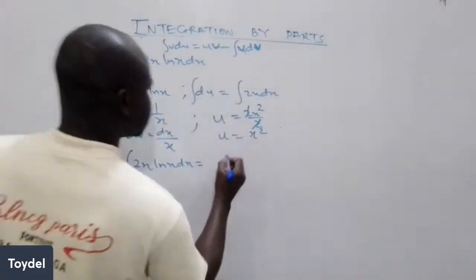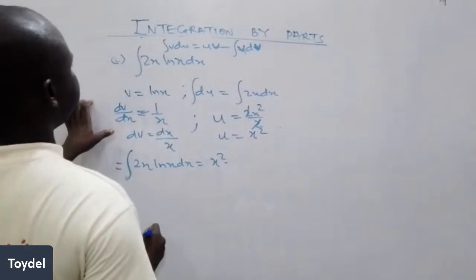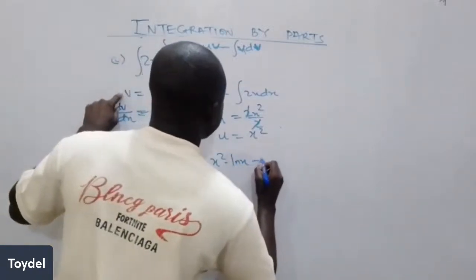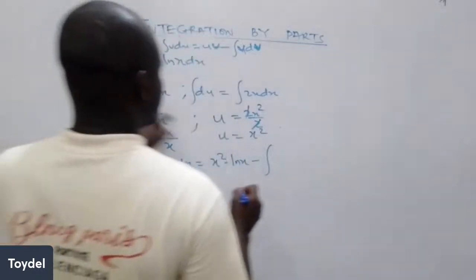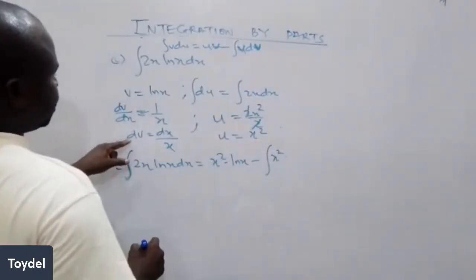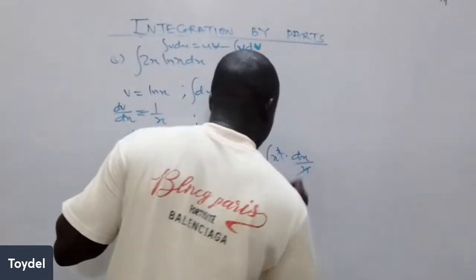What is u here? u is x squared. We have x squared multiplied by v, which is ln x, minus integral u, which is x squared, multiplied by dv, which is dx all over x. That's what you get. x will take care of one of these.